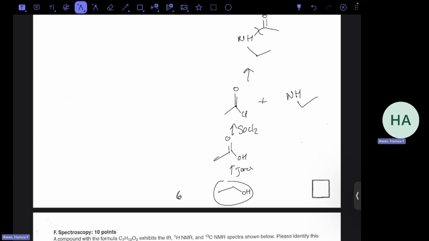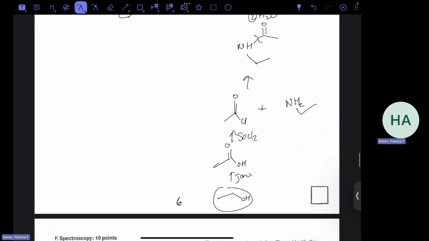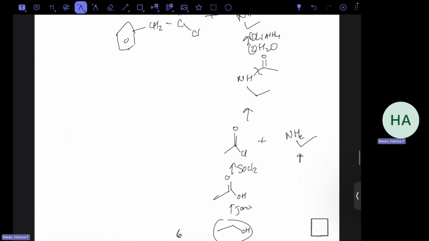Oh yeah, NH2, sorry about that. Now we have NH2, which is a primary amine, and we can do the same thing: LiAlH4, then H2O, and that'll do our NH2.